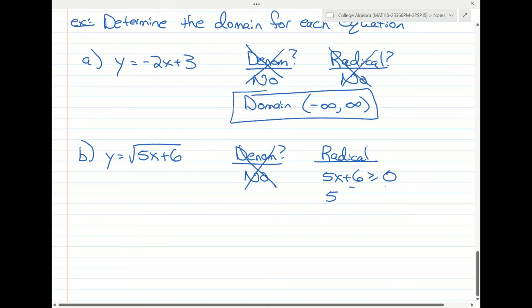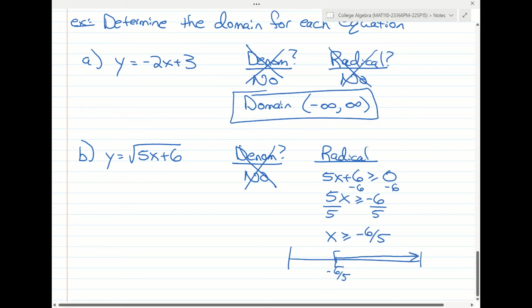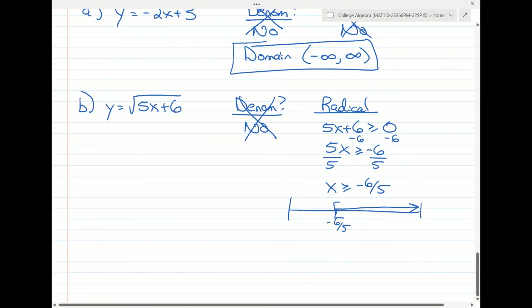Subtract the 6 on both sides. 5x is greater than or equal to negative 6. Divide by 5, you get x is greater than or equal to negative 6/5. So as far as what the domain for this is, the domain would be any number from negative 6/5 up to infinity.